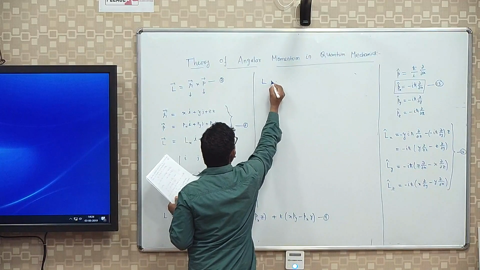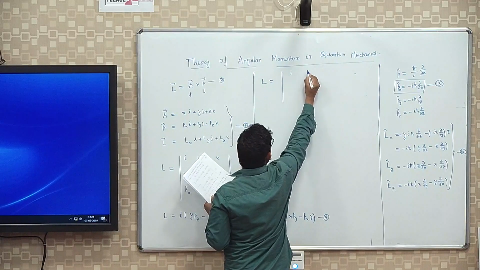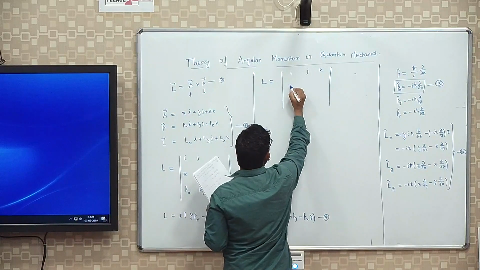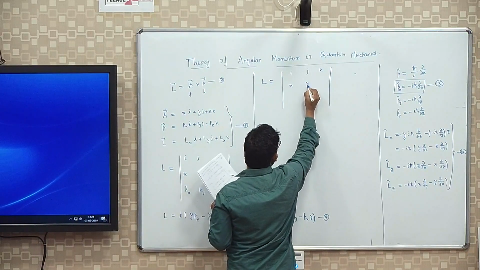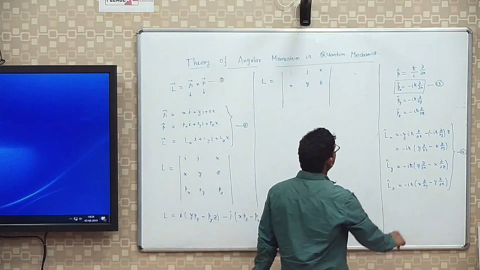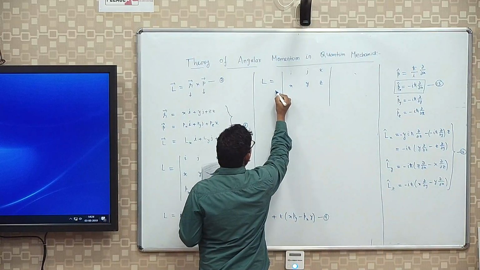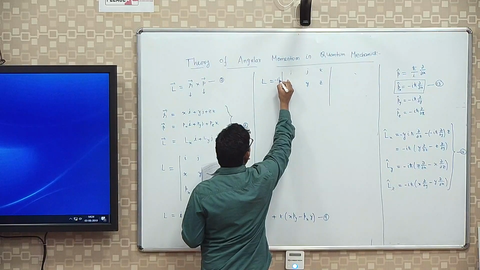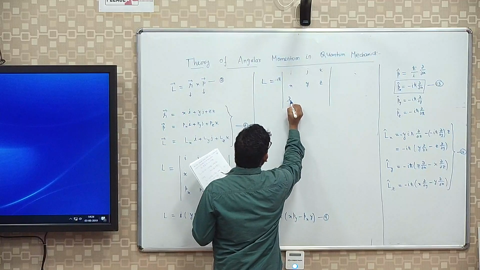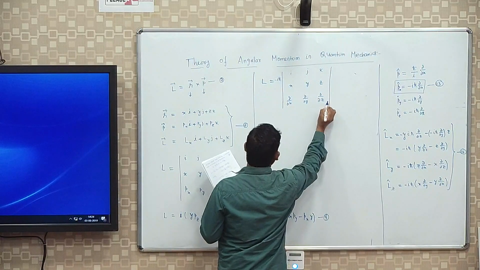So L equal to the determinant of i, j, k, here x, y, z, and px, py, pz is here. Px equal to, so I am taking minus i h cross outside, and then dou divided by dou x, dou divided by dou y, dou divided by dou z.